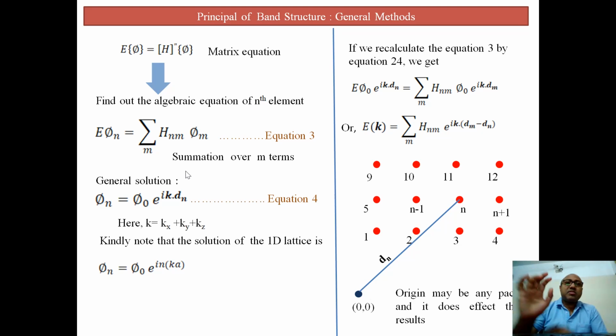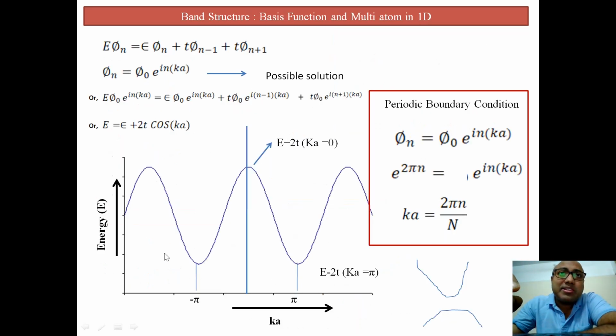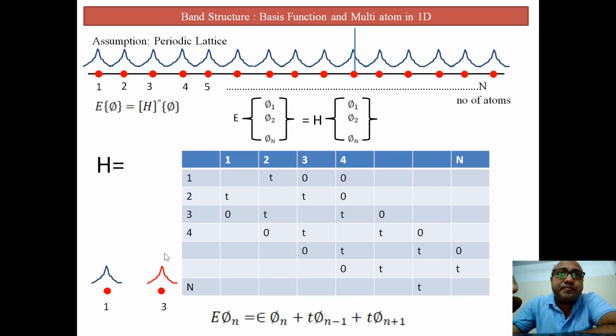Now, what is the benefit? Let us see. Just look at this solution. As we remember from last day, for the matrix method to solve the hydrogen molecule problem, we had E phi n equals epsilon phi n, T phi n minus 1, T phi n plus 1.